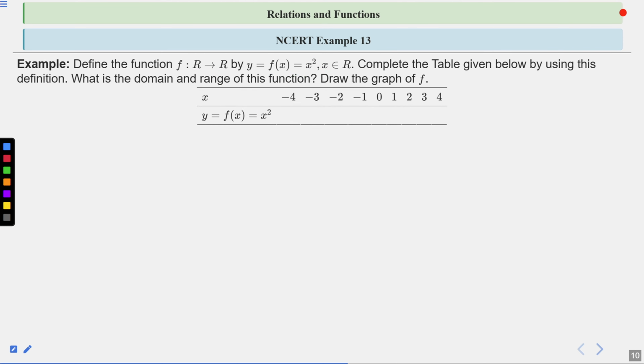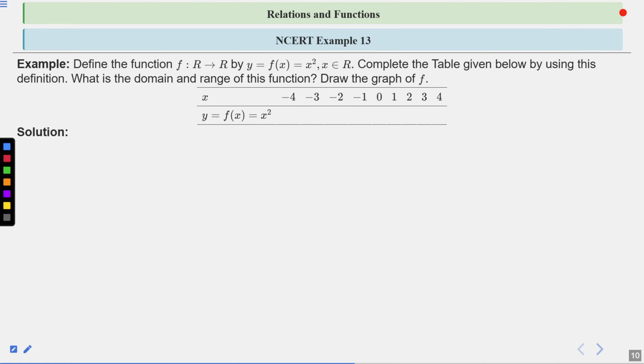So a table is given to us, quite simple: we are given some values for x, minus 4, minus 3, minus 2 and till 4, and we have to find the corresponding y value according to the rule defined here. Clear? Quite simple.